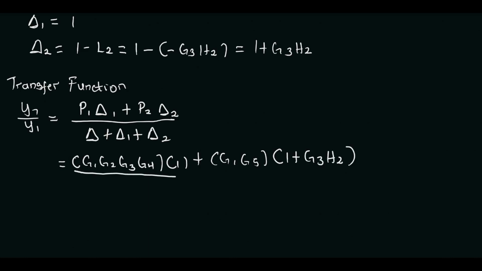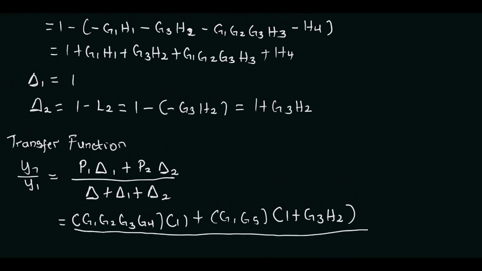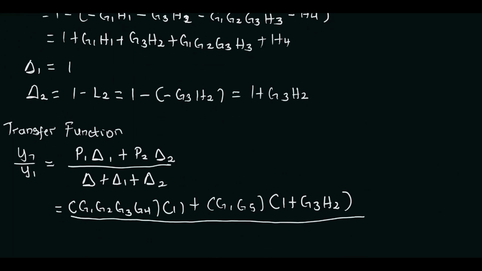Everything over the total delta: 1 plus G1 H1 plus G3 H2 plus G1 G2 G3 H3 plus H4.